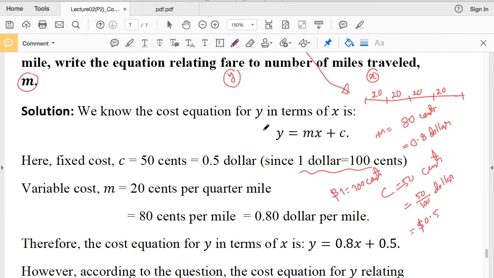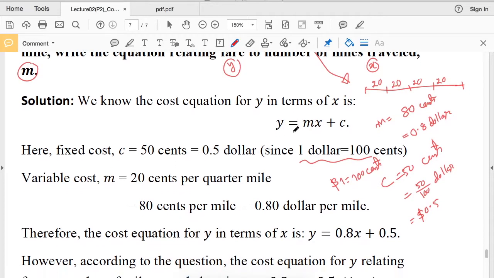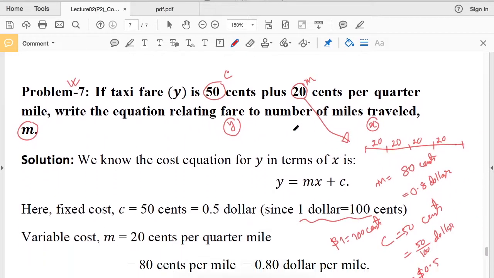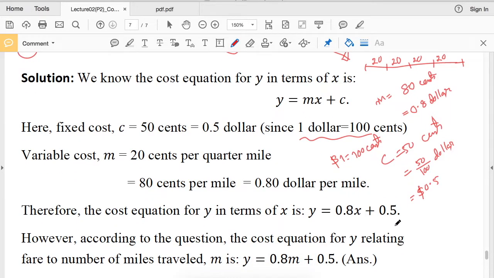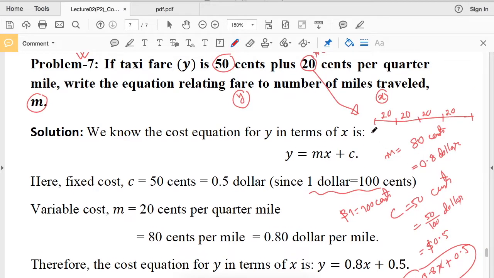Now your equation for y in terms of x will be y equals mx plus c. So your answer will be y equals 0.8x plus c, which is 0.5. But the number of miles traveled in this question, they said we need to denote by m.